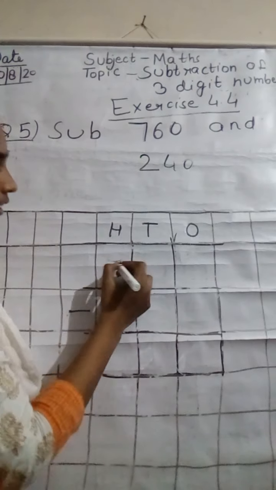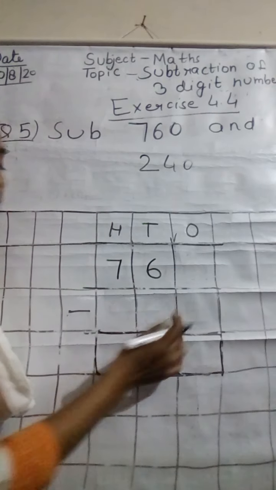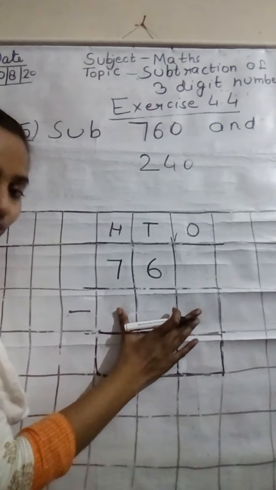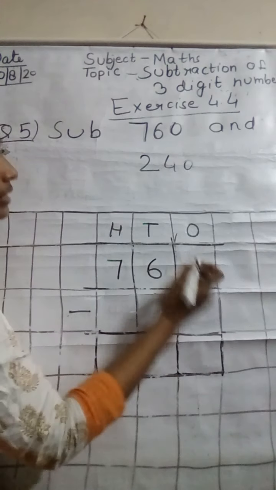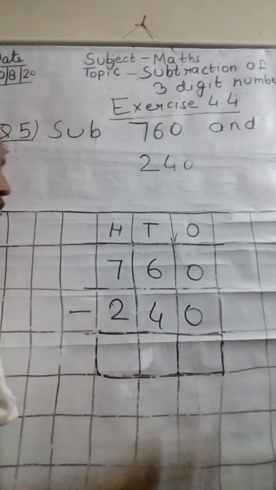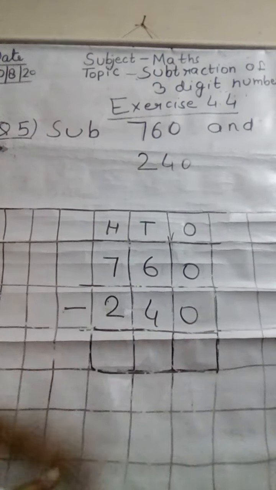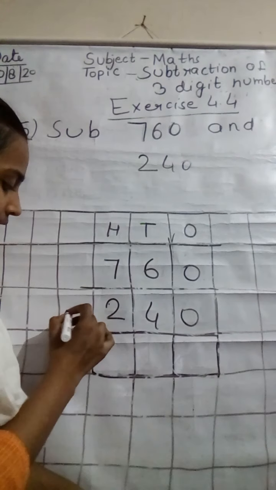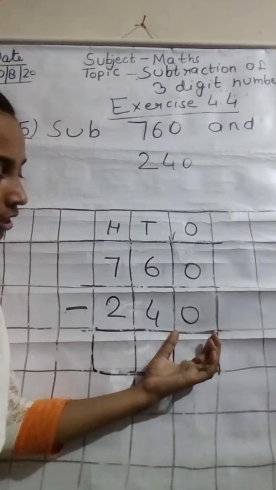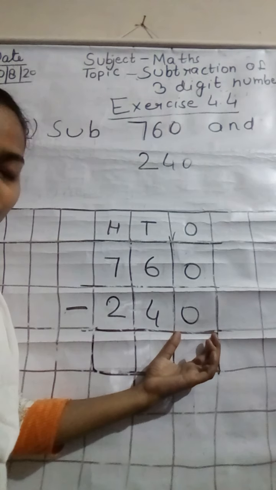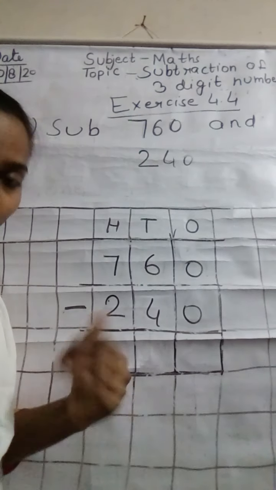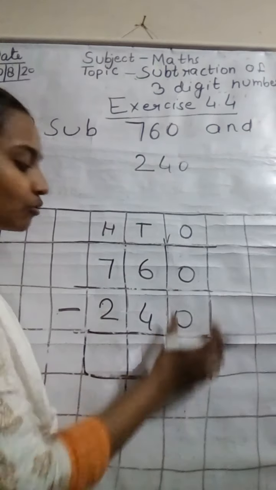Now children, this is the column. If you get a question like this, you all have to do like this. Tell me how we have to subtract this. 0 minus 0 means you have nothing, should I take anything from you? No, because you have nothing. 0 means 0.